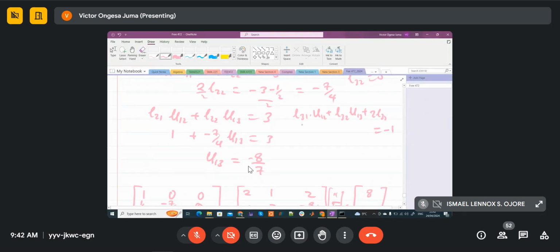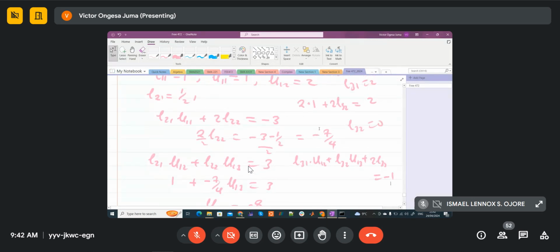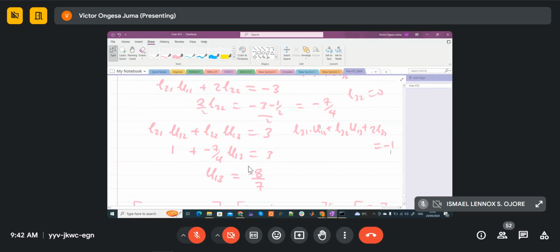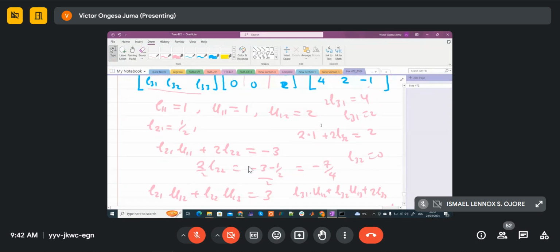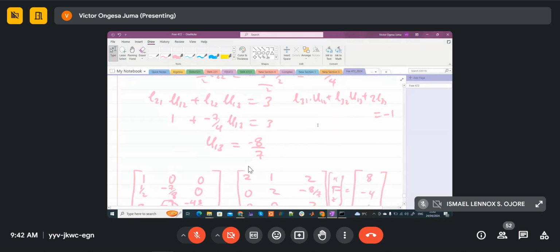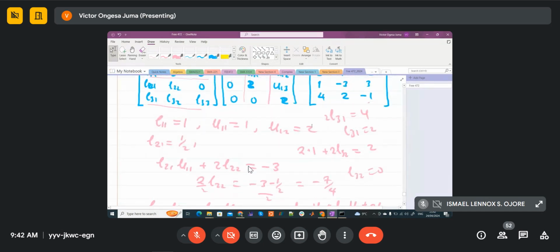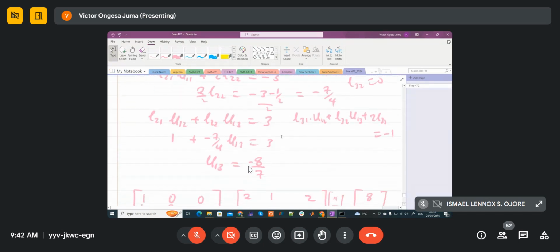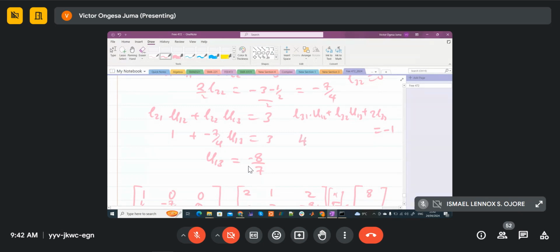What is L31? Just quickly. L31 we got as 2. And what is U12? It's also 2. So that's 4. But this is 0, because one of them is 0. And then plus 2 L33 is the same as minus 1. That means L33 is the same as what?